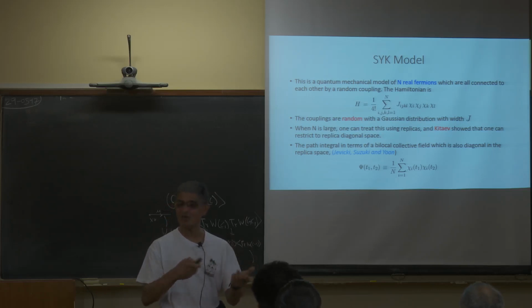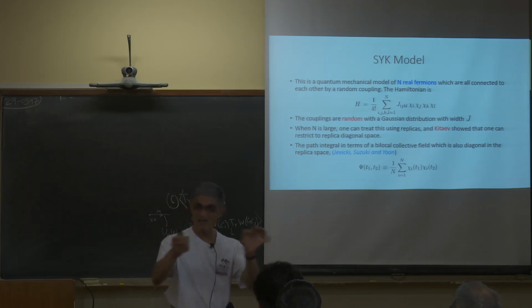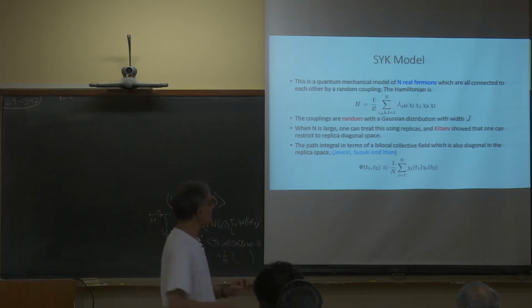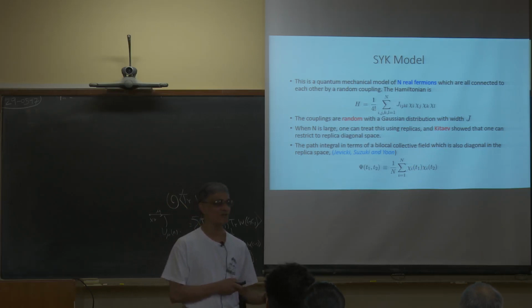To begin with, it was not an internal index, it was just n Majorana fermions interacting with each other. But now you can treat these i's as an internal index, and this is a bilocal observable which you form, where implicitly I have also contracted the replica index, but the replica index does not play much of a role in this entire story.